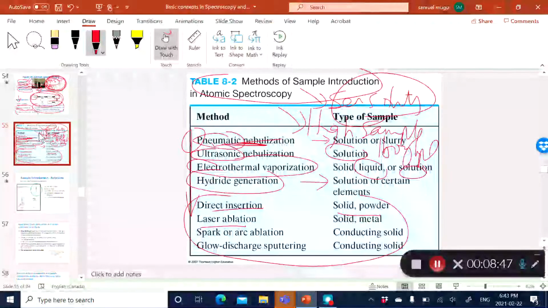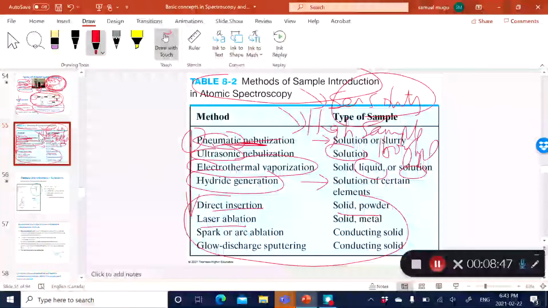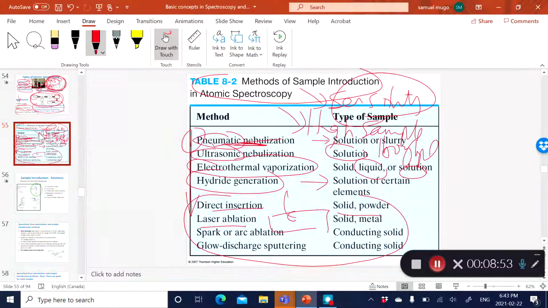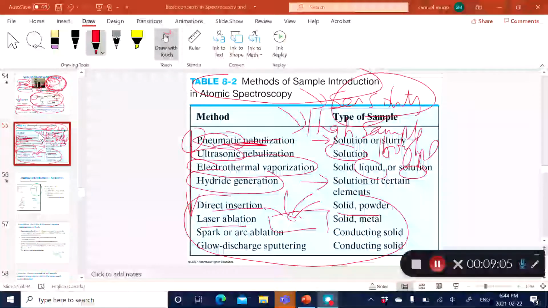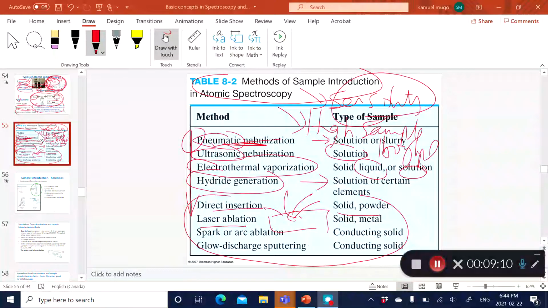If you've got a sample, maybe you put it on a glass slide and shine a laser on it, and the sample is ablated into the atomizer. And of course, with laser ablation you can analyze solid samples as well, which is very good because you don't need to do dissolution, which takes a lot of time in the lab.